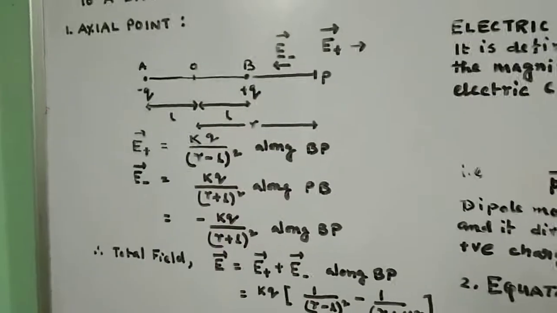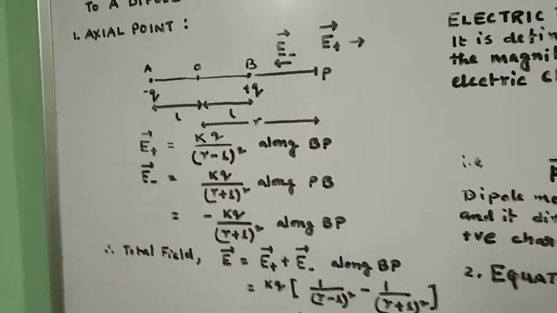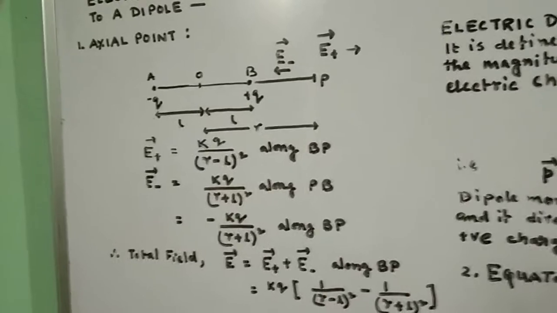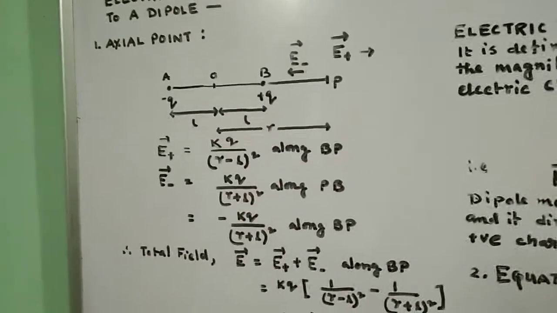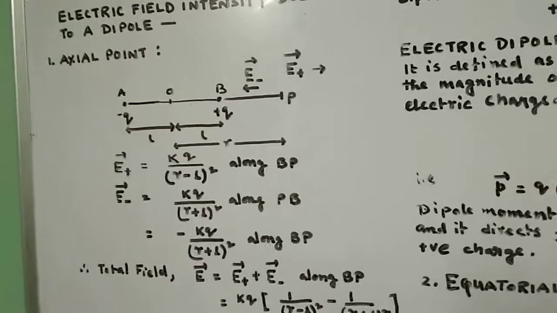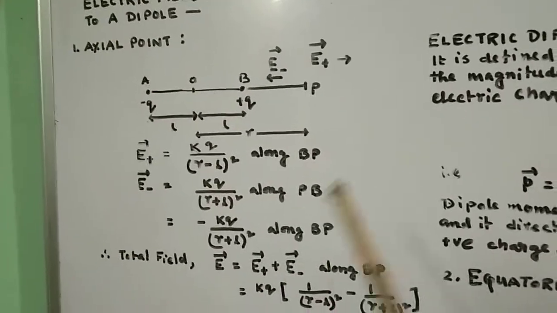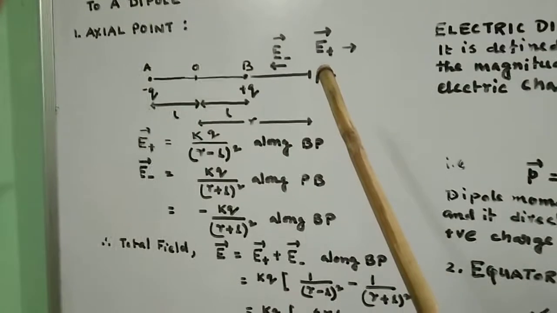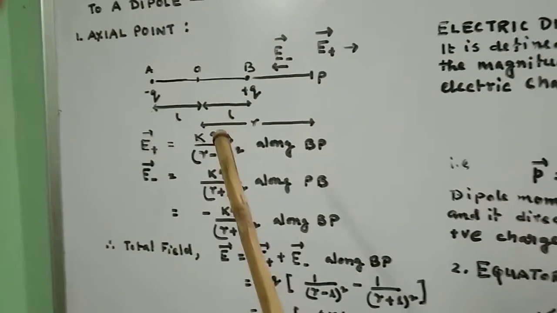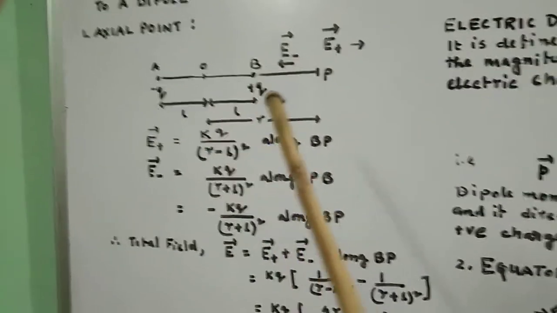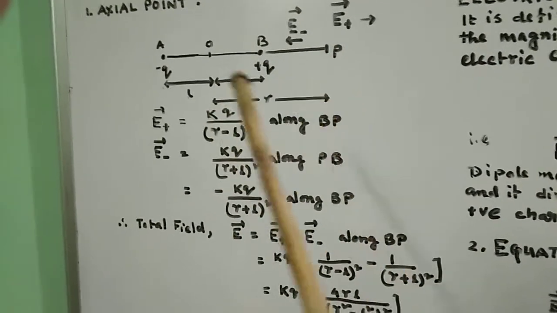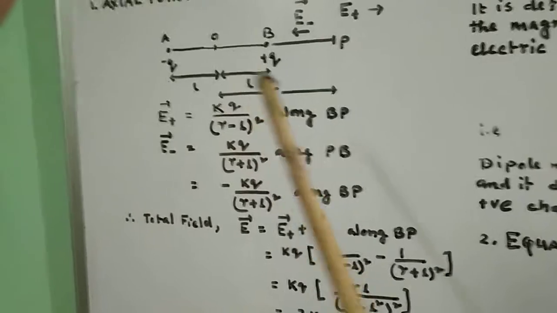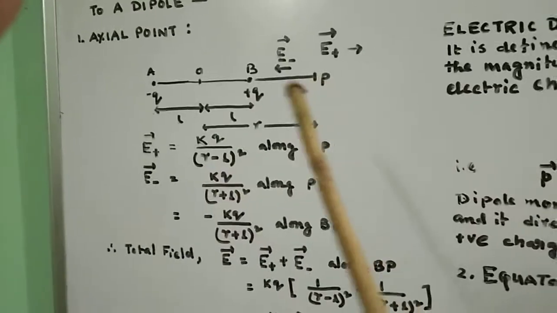To define the field intensity at P due to the positive and negative charges individually, you have to use the expression we discussed in the last class, that is E equals KQ by R square. If P is your point, E plus is KQ over the distance from the positive charge to P. If it is R and L, then it is R minus L whole square, along BP.